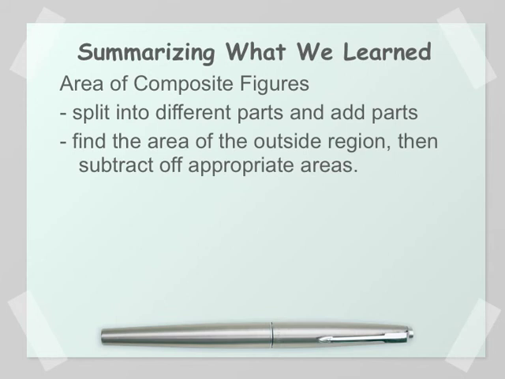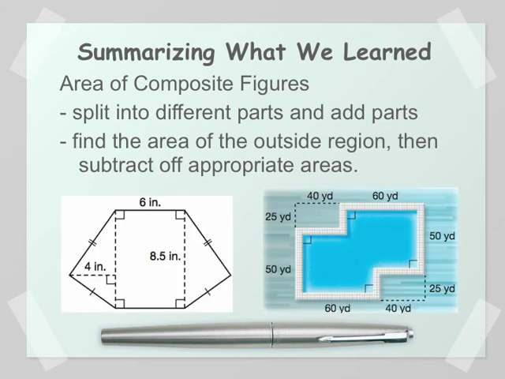In order to know which of these approaches is better, you really want to look at the structure of a problem and just kind of go for that approach that you think would be most direct. So for these 2 examples, remember we used the top approach for the figure on the left, and we used a subtraction approach for the figure on the right.